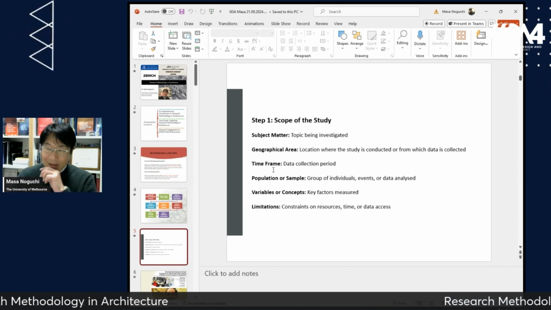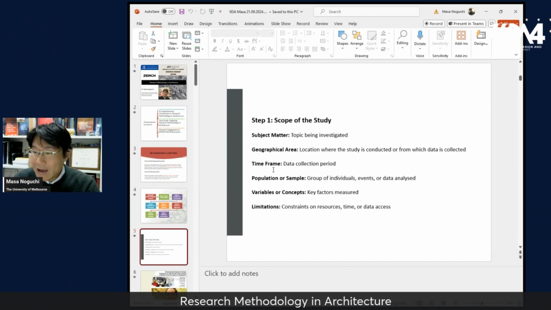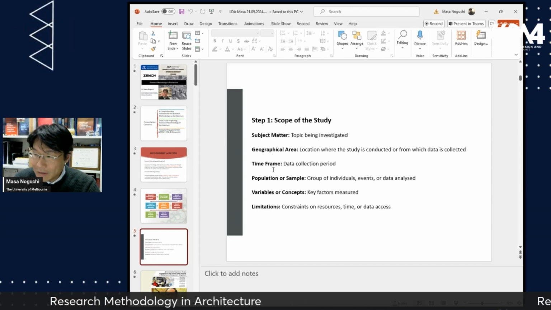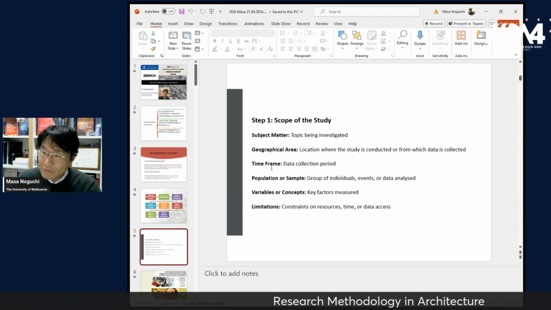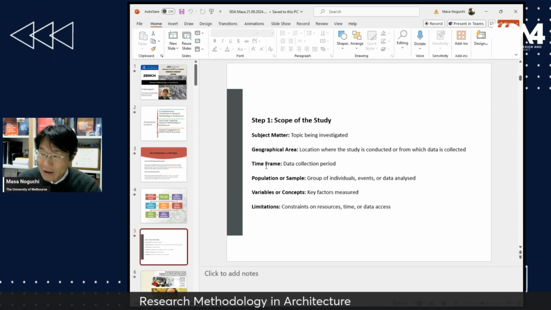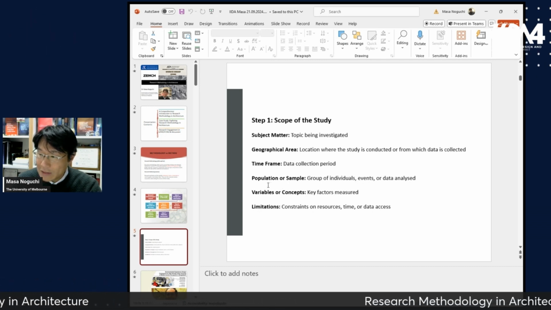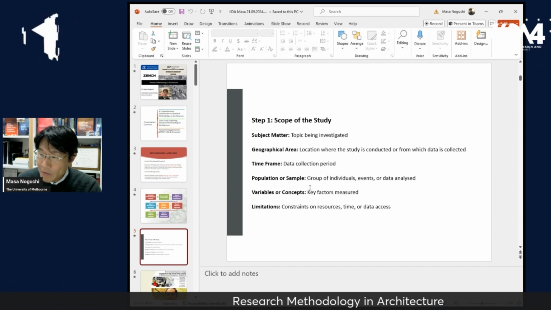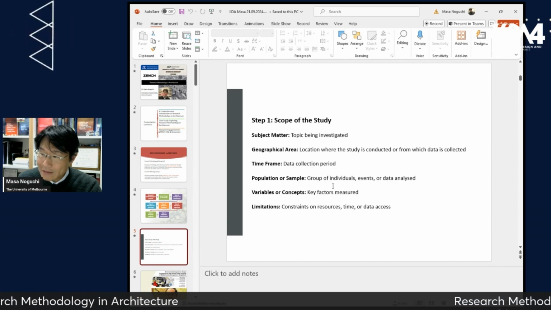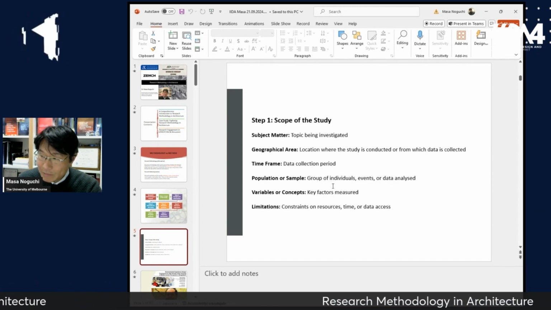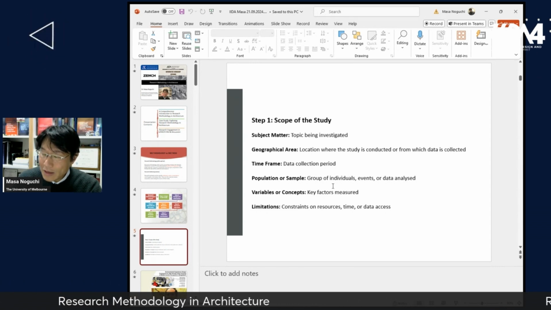For example, we have seasonal differences, and daytime and nighttime differences, and how long we can use for data collection, etc. So time factors cannot be ignored. We also cannot ignore populations and samples, the group of individuals, events, and data analysis. For instance, aging populations, or pupils in school and education.